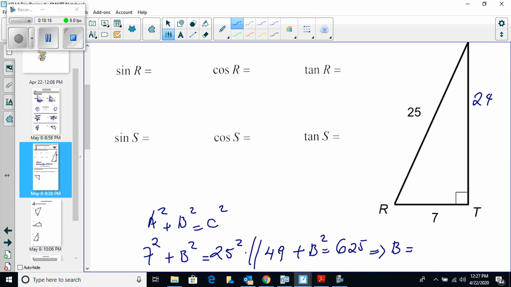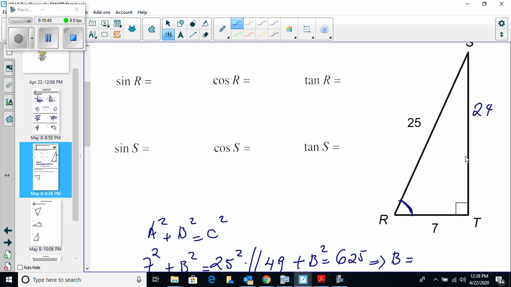Now that we have all three sides of the right angle triangle, we can work on finding the sine, cosine, and tangent of angle R first, and then move to angle S. So for sine of angle R, you are standing on this angle R, and what do you have?